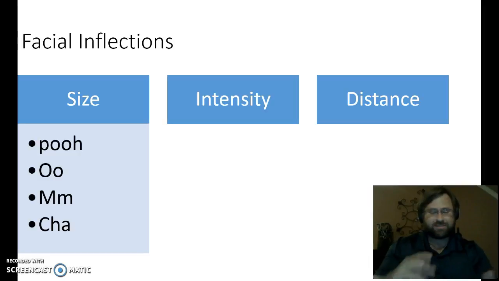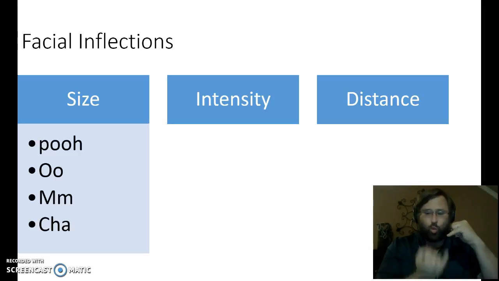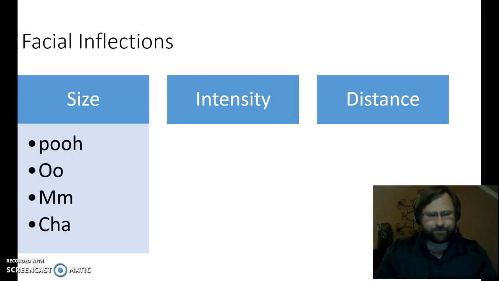So you could use this classifier to talk about a house that's very small, or you could talk about perhaps a lump of something that's very small. Similarly, the OO is used to show things that are very small, very thin, or even very flat. So you could use the sign skinny with that modification to mean very skinny. MM means normal or regular.